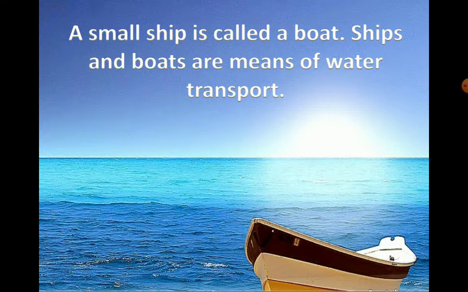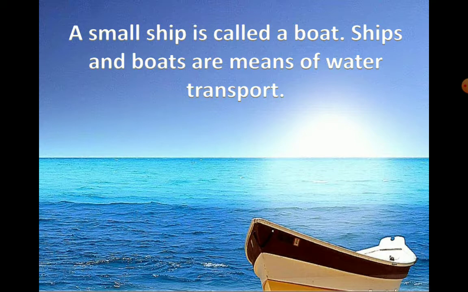Ships and boats are means of water transport. So now tell me the two types of water transport. First one is ship, correct, very good. And the second one is boat. Yes, the second one is boat.